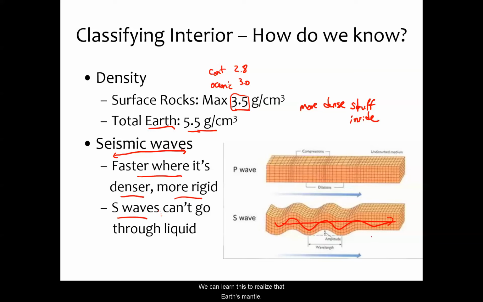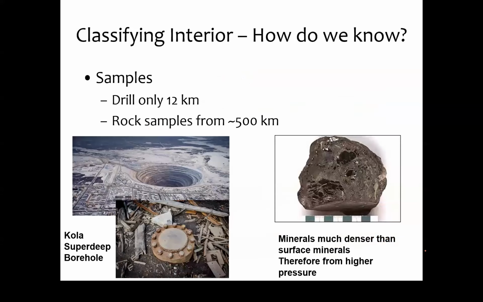And we can learn this to realize that Earth's mantle is solid. Otherwise, we wouldn't see S waves on the other side. But this is also how we learn that the outer core is liquid, because those waves don't pass all the way through Earth. They get blocked by that core, at least the outer part of it.